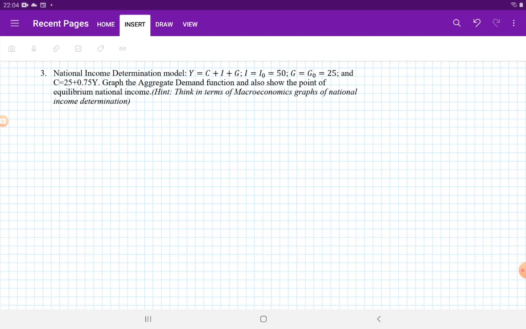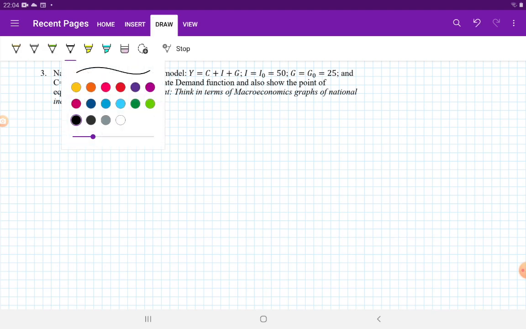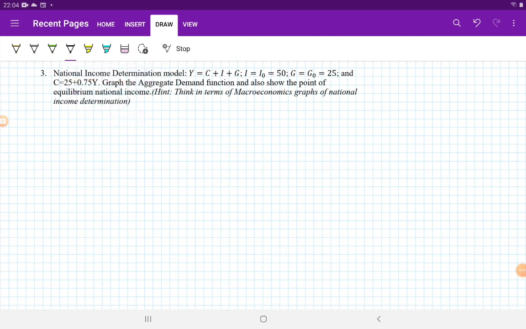So we are looking at a 3-sector national income determination model where your I is autonomous investment, which is equal to 50 units.